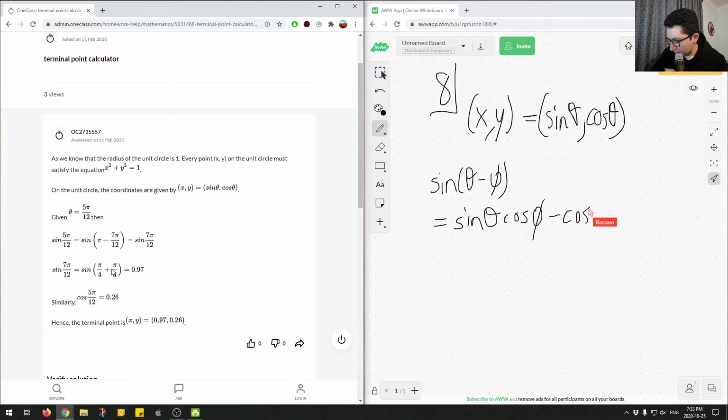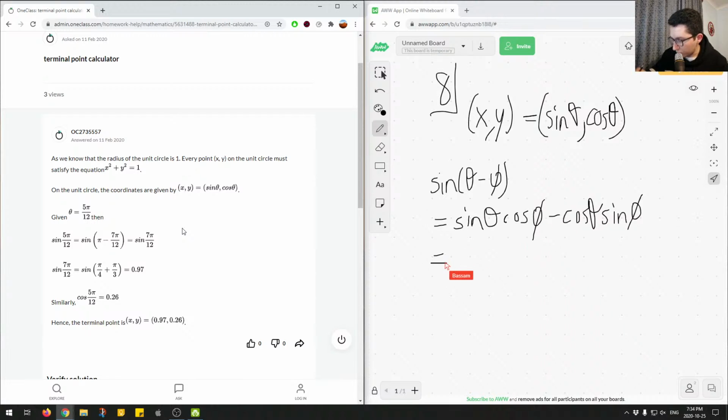This is the conversion that they're using to convert sine 5 pi divided by 12. Essentially they're saying that sine of pi minus 7 pi over 12 is equal to this, and if you go through this calculation, you'd end up with sine 7 pi over 12. So I'll go through this just to give you an idea.